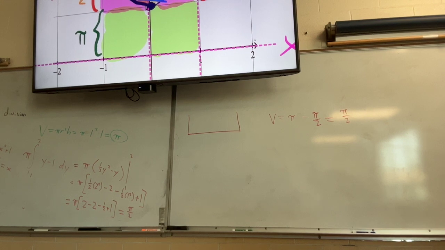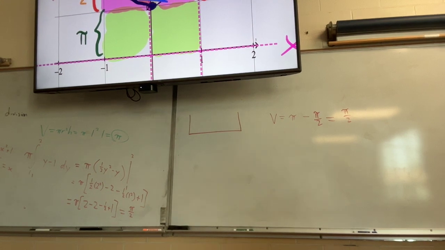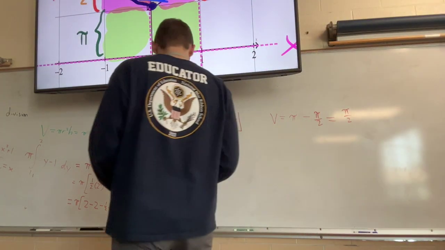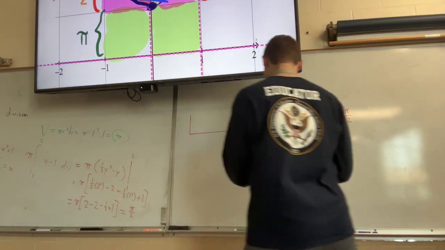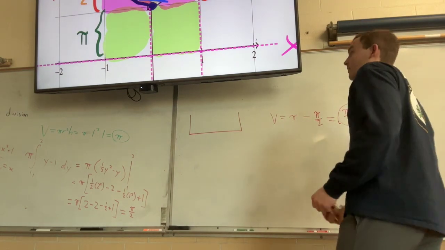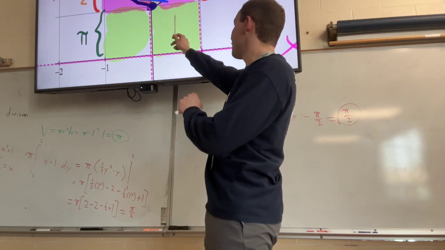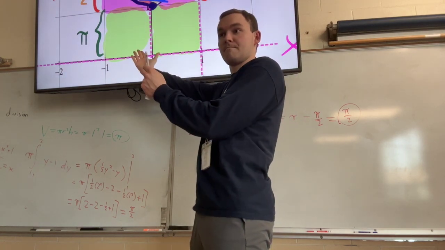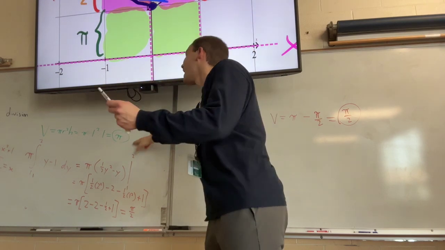So the volume of that bottom half plus the top half is 3 pi over 2. Sweet, that's the answer. So my final answer is the red plus the green. I split it up into 2. I just rotated the bottom half, found that volume. That was just a cylinder with volume pi.